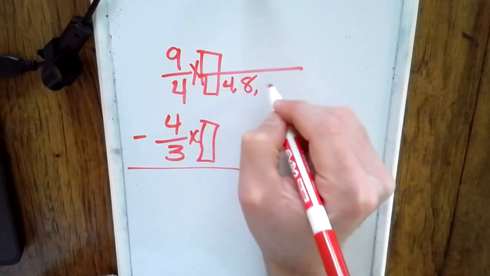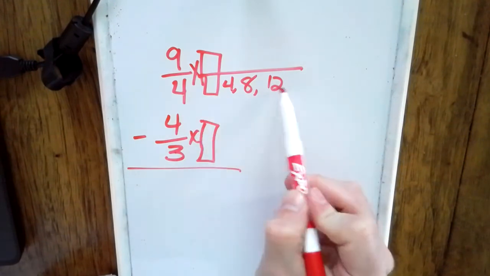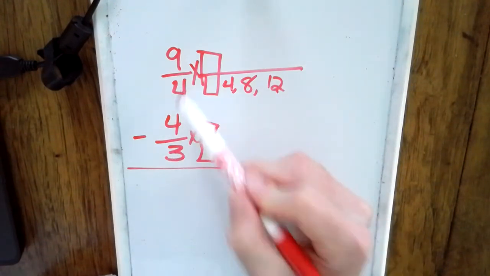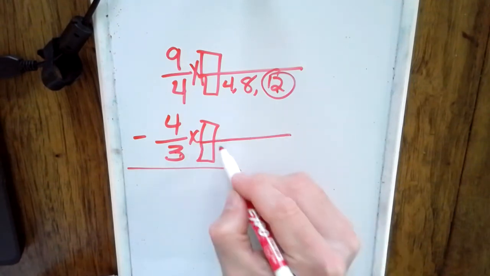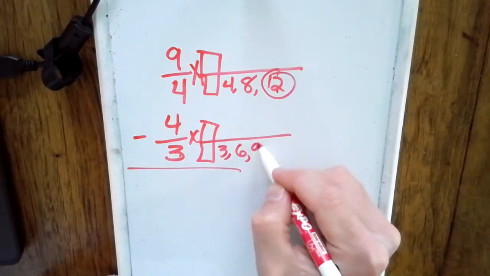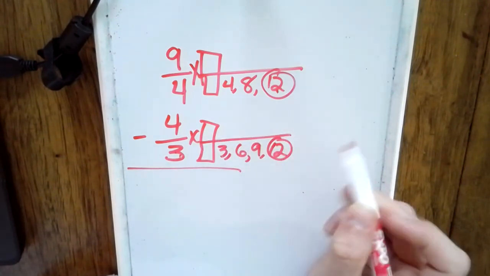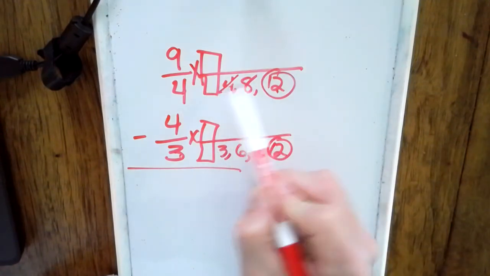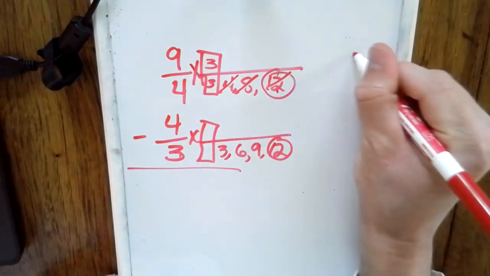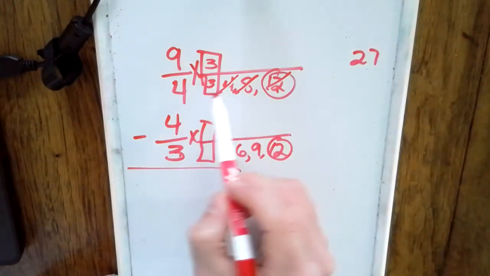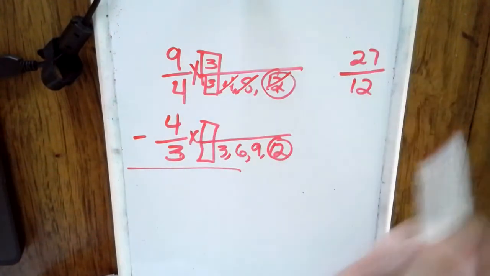4, 8, 12. I know that 12 is a number that 4 and 3 have in common with their multiples. 3, 6, 9, 12. Up top, we used 3 numbers: 9 times 3 is 27, and 4 times 3 is 12.